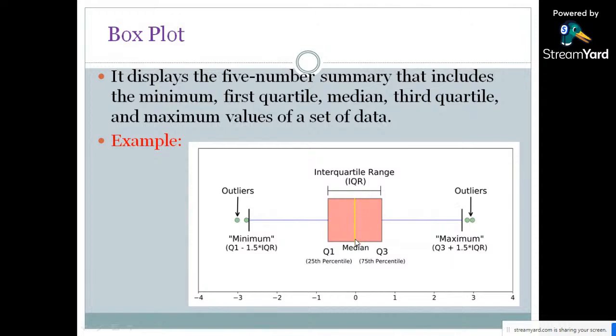So here the yellow color shows the median, the middle value, and the 25% of the observations from below is called the first quartile, and the 25% of observations from the above side is known as the third quartile.